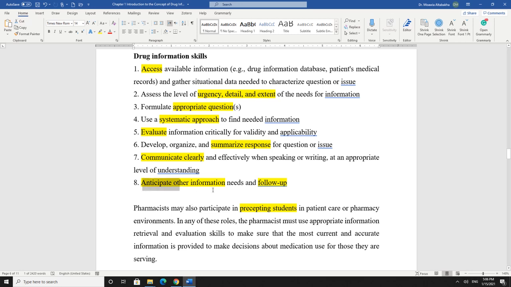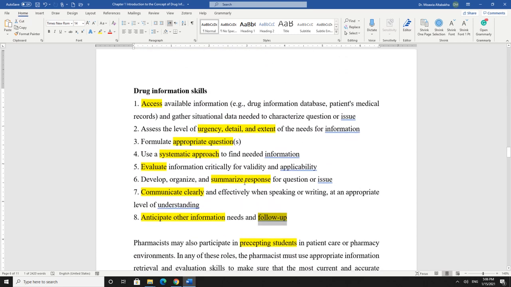You should anticipate other information that you might be asked about, and you may need to do follow up. Follow up means, depending on the case, you might need to call after 2 days to follow up with maybe new information that you received.